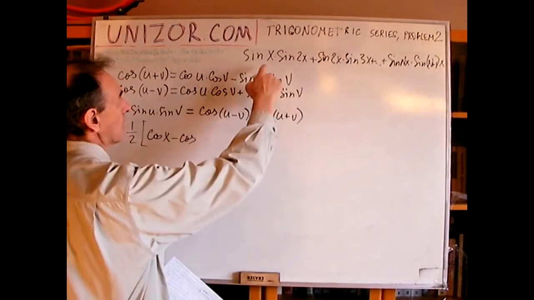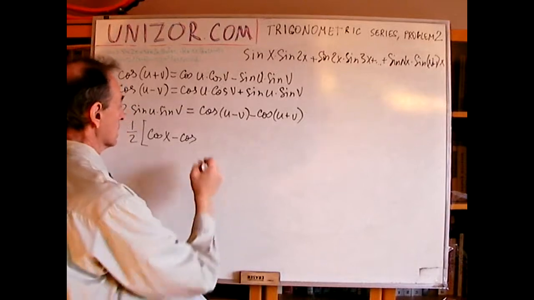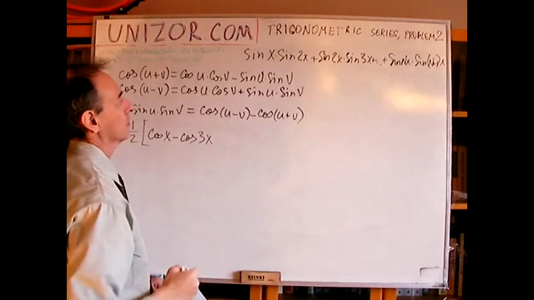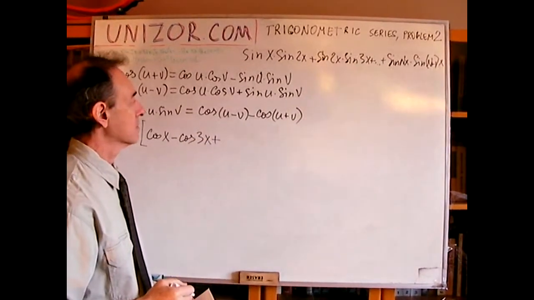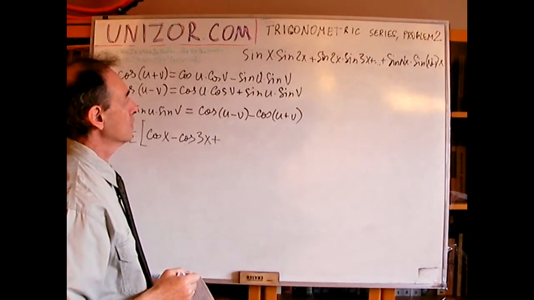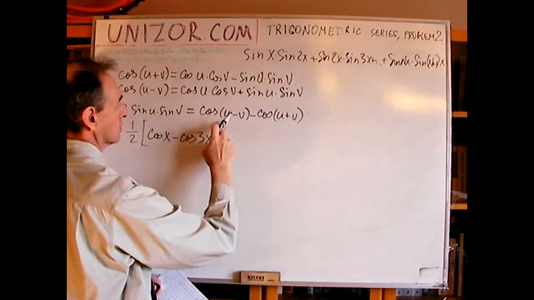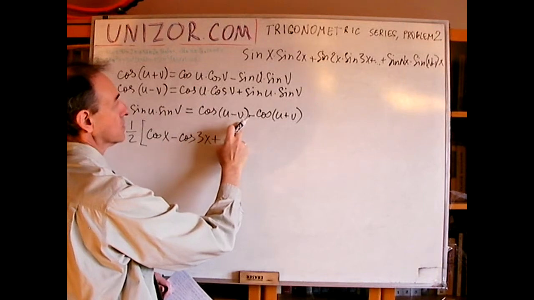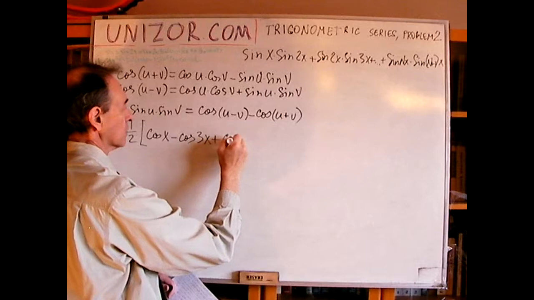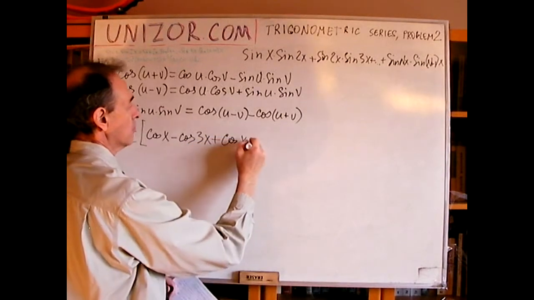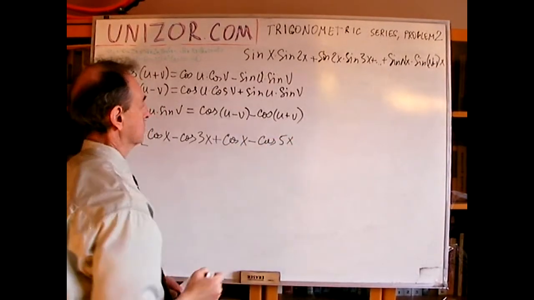Now, what's the u plus v? It's x plus 2x, right? So that's 3x. Good. Now, next one, we will use 2x and 3x. Difference is, again, minus x, but cosine is an even function, so I can put cosine x minus cosine of 2x plus 3x, which is 5x.